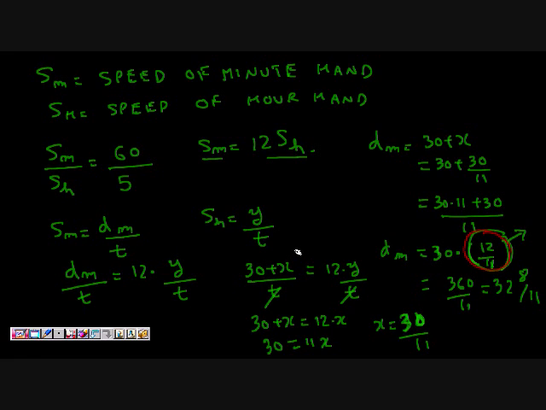So let's say that you have another clock and it's 3 p.m. and you want to know when the hands of the clock will overlap each other after 3 o'clock. We know that the hands will be overlapping somewhere between 15 and 20 minutes after 3 o'clock.